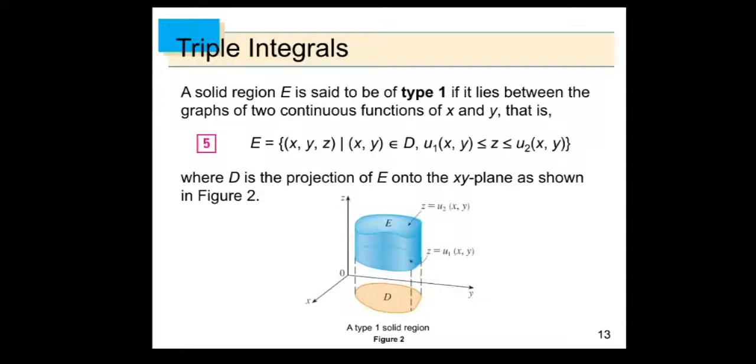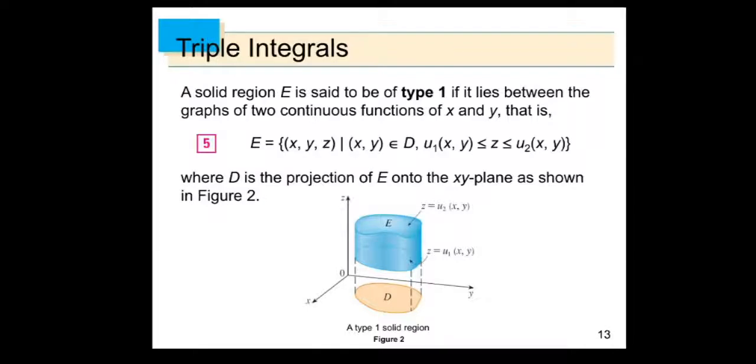Now the solid region E is said to be of type 1. We have to see what type 1 is here, because we remember when we were talking about double integration, we had two types: type 1 and type 2. If we have vertical boundaries, that would be our type 1.